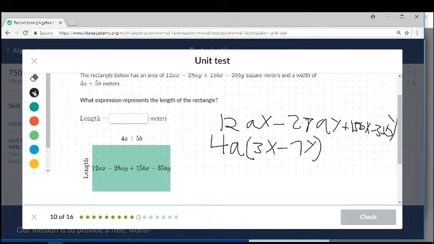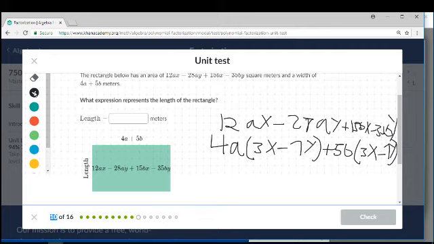And then here with 15bx minus 35by, let's factor out 5b. 15 divided by 5 is going to be 3x, and then 35by divided by 5b is going to be negative 7y.